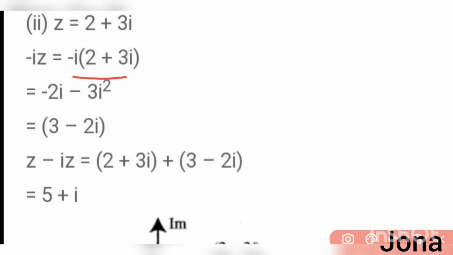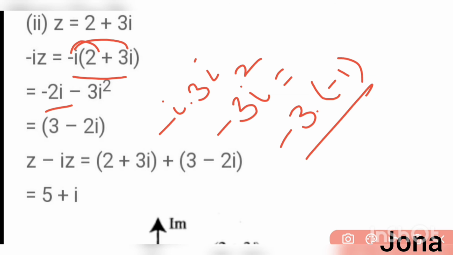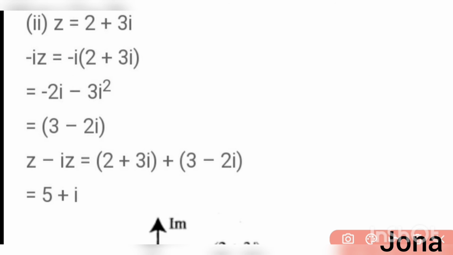Then multiply: minus i into 2 is minus 2i, and minus i into 3i is minus 3 into i squared, that is minus 3 into minus 1. So plus 3 will be there. So now we got the value 3 minus 2i as the value of minus iz.